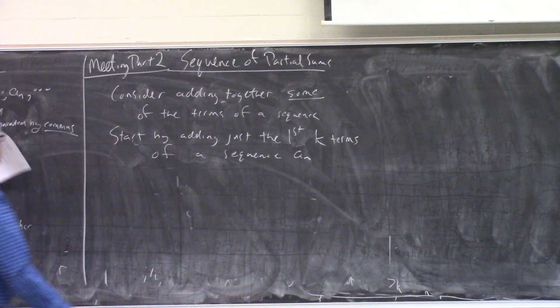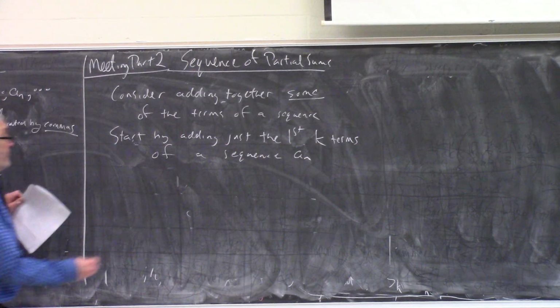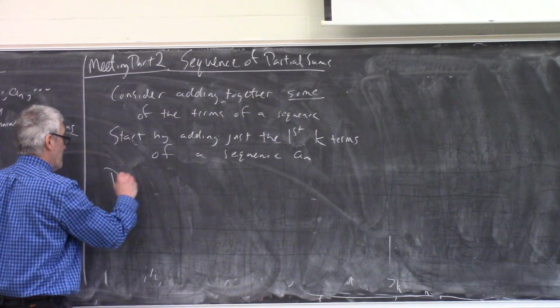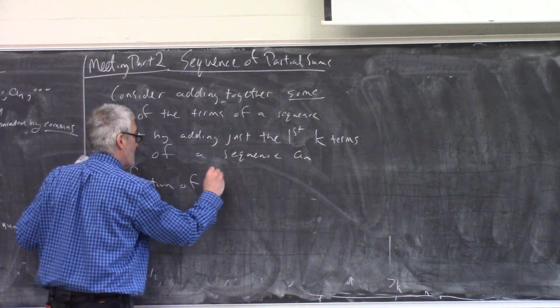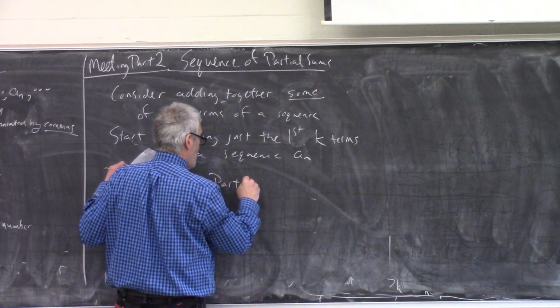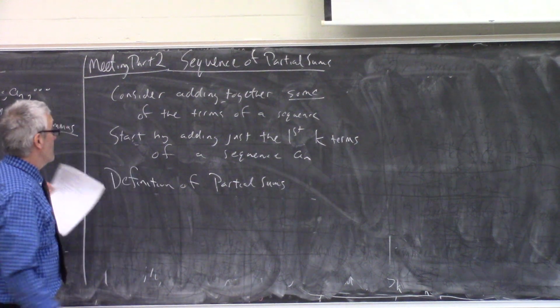So we've got a sequence. It's this thing where the items in the list are separated by commas. So here's a definition of partial sums. So here are the words.